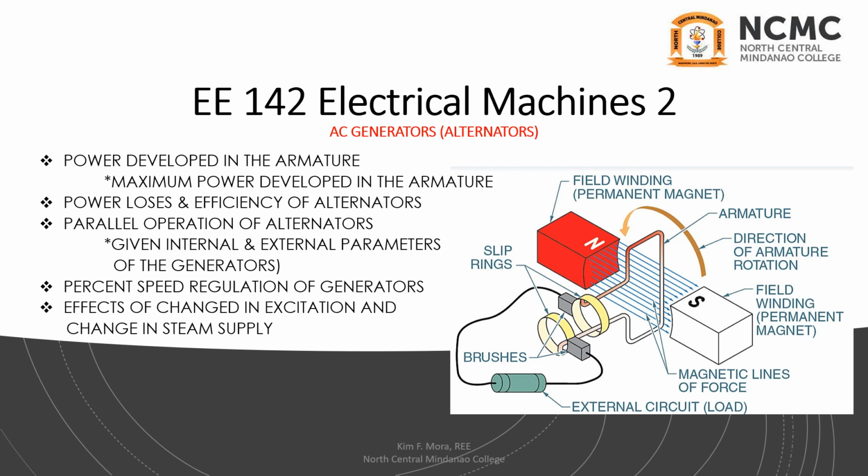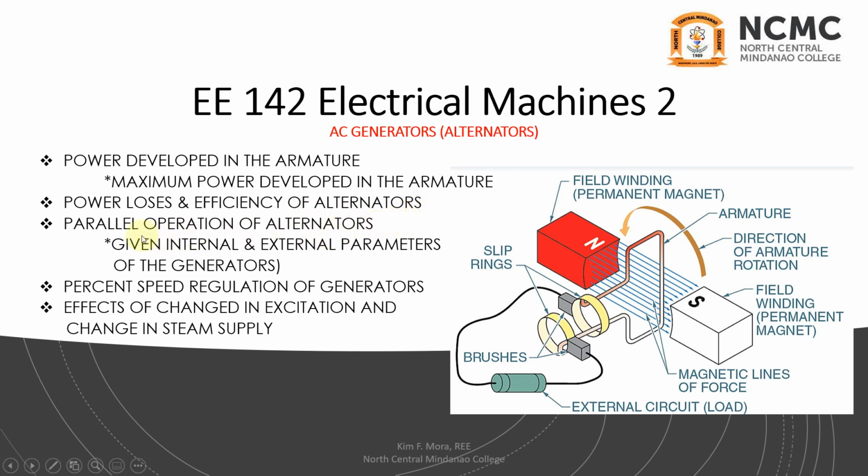So first, I will discuss the power developed in the armature, and one of that is how to compute the maximum power developed in the armature. Next is about the power losses and efficiency of the alternators.